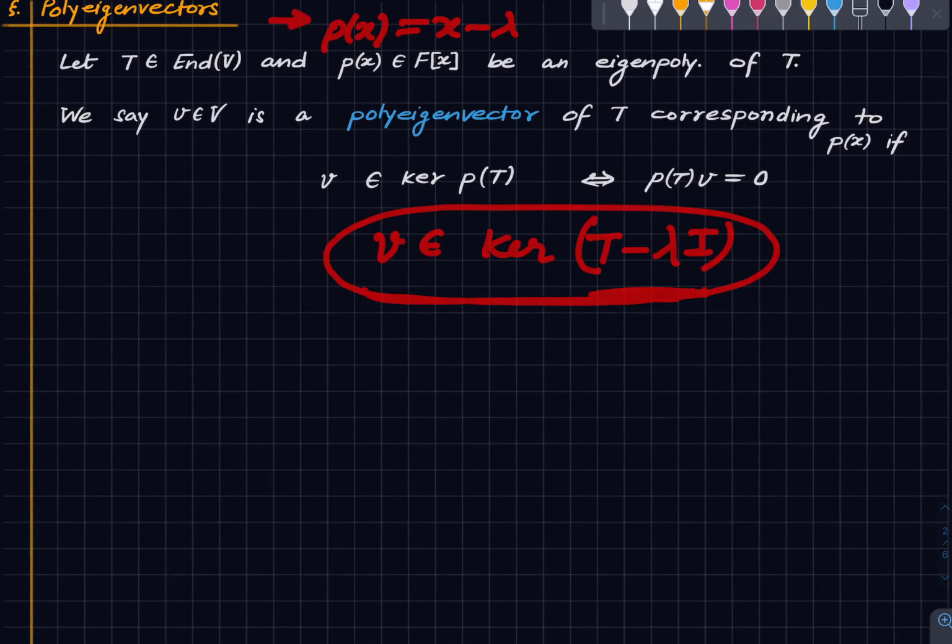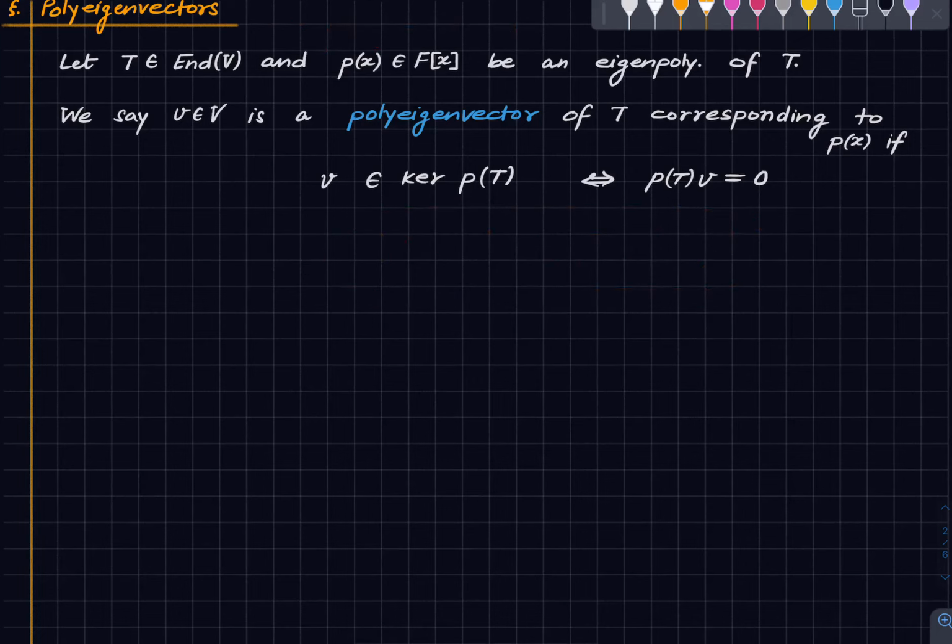But that's the same as saying v is an eigenvector corresponding to this eigenvalue lambda. So the notion of a polyeigenvector is an immediate generalization of the notion of an eigenvector.